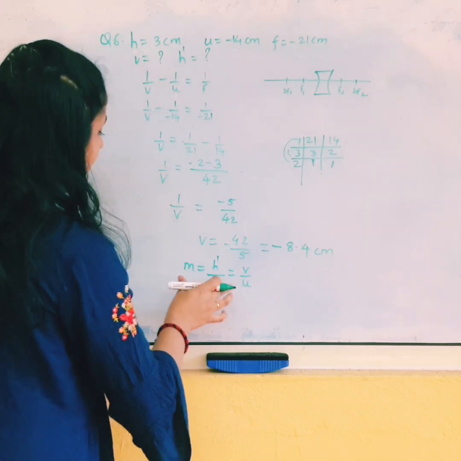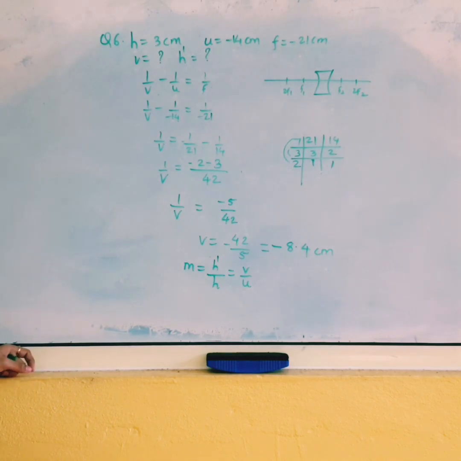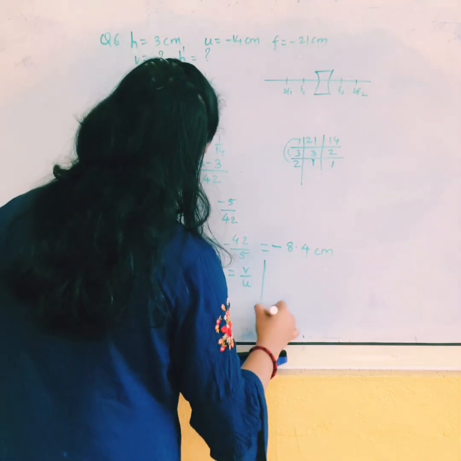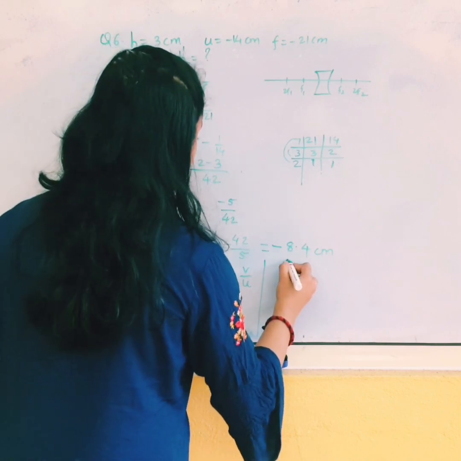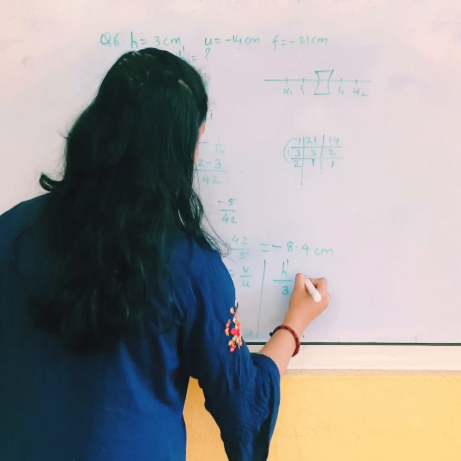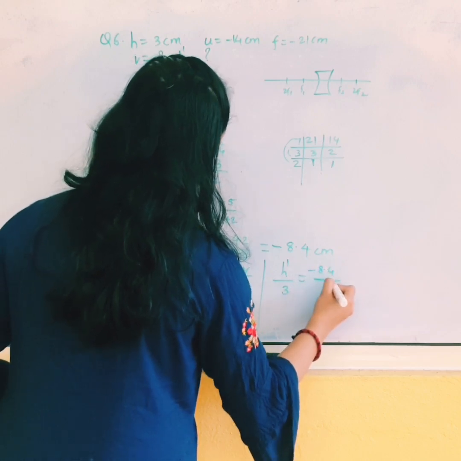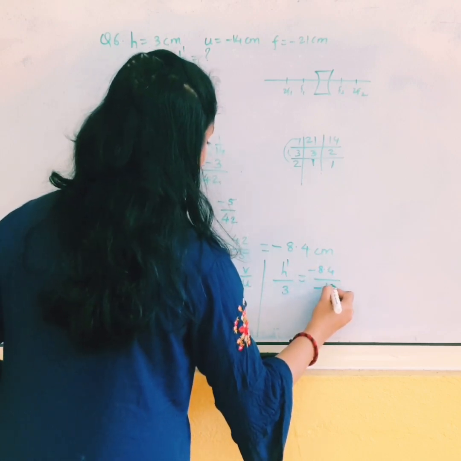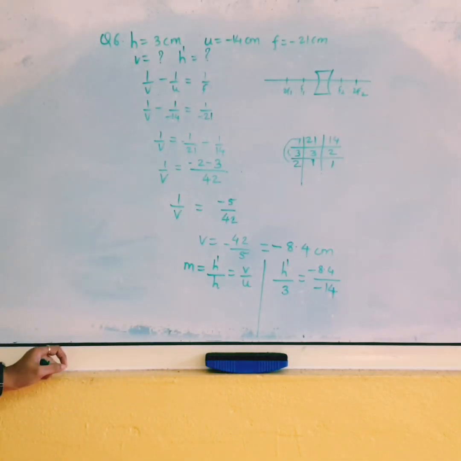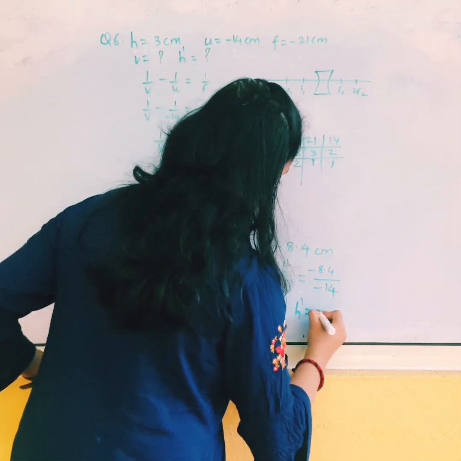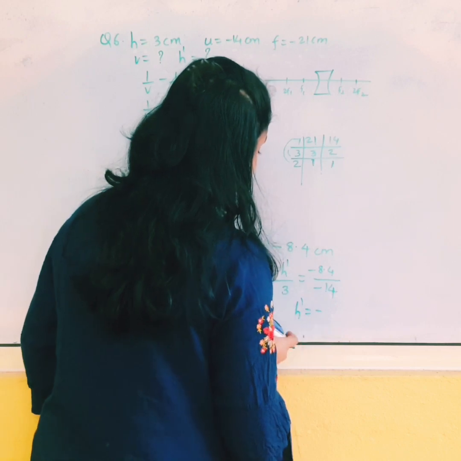So this is the magnification formula for the lens. h dash we are calculating, h is 3, v is negative 8.4 upon u is negative 14. The negative sign will get cancelled.